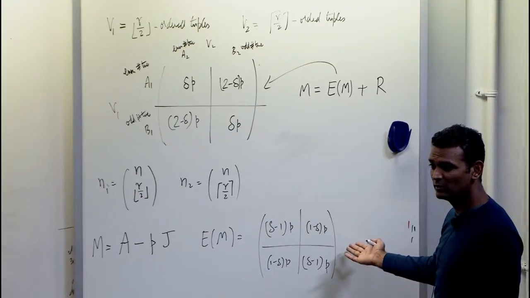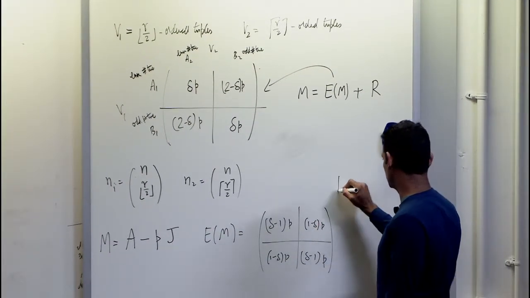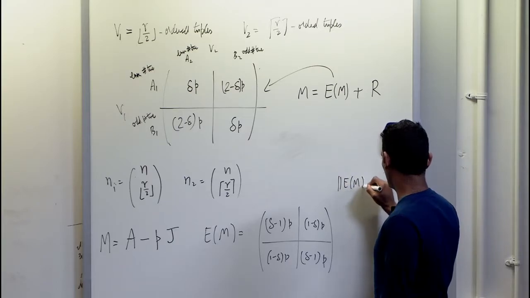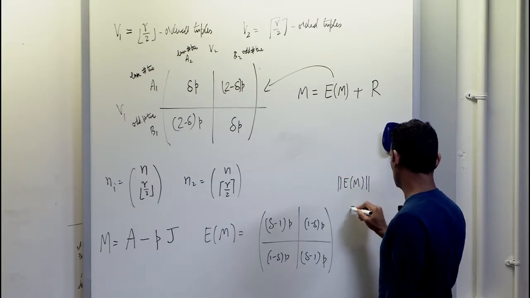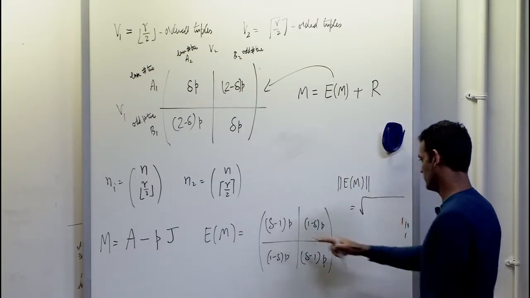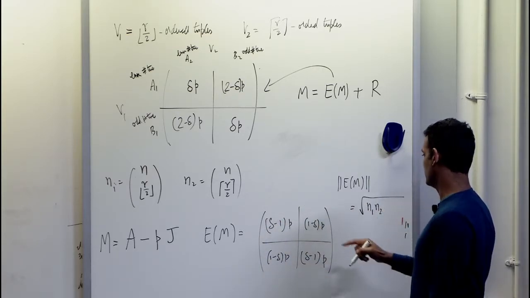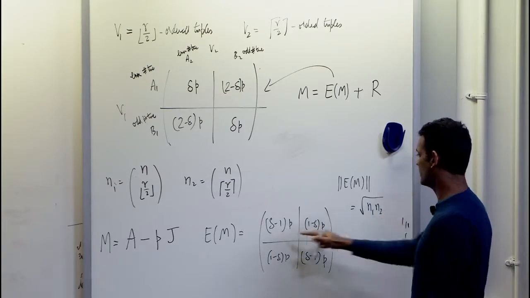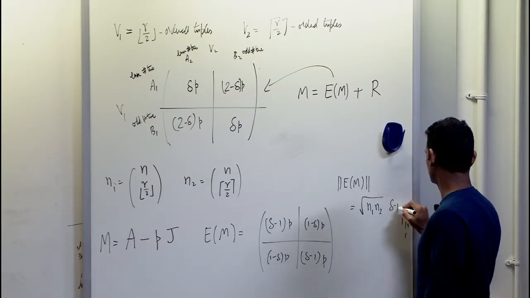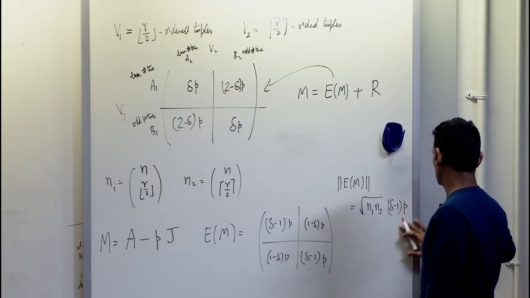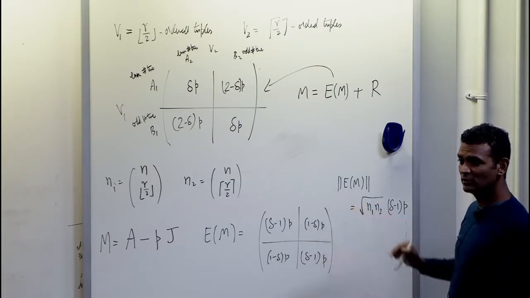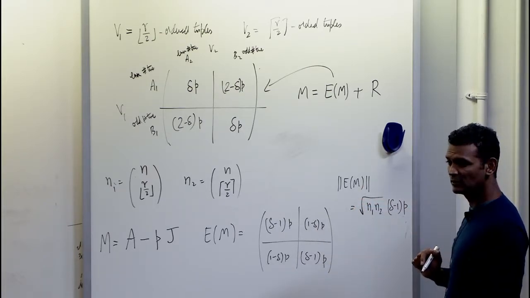Delta is not 1. What's the norm of this expectation matrix? So it's rank 1, so it's the same as the Frobenius norm. So that's square root of, there's n1 times n2 entries, and then there's delta minus 1 squared P squared. So that's the norm of the expectation.